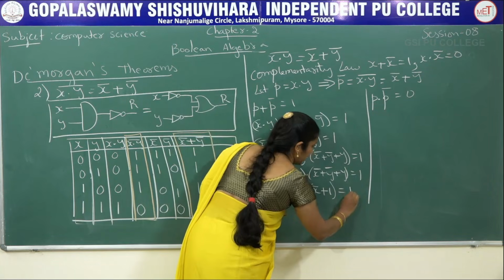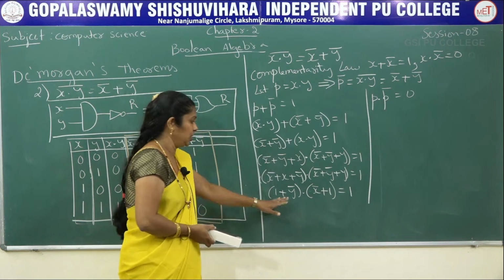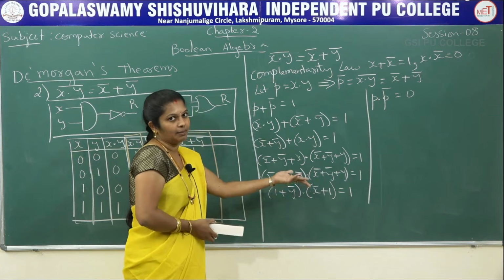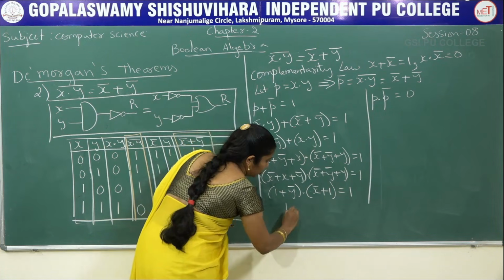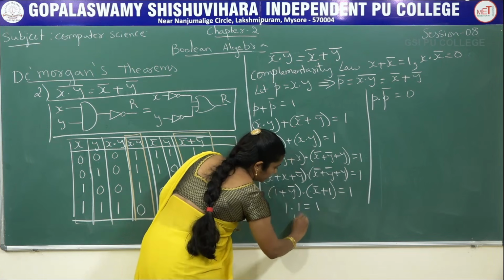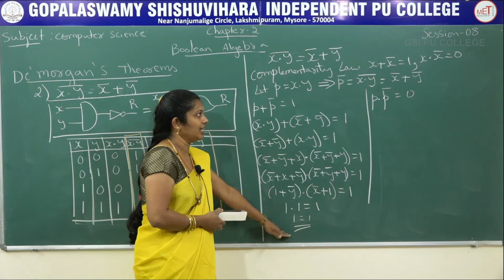That is equals to 1. Then 1 plus y bar is nothing but 1, because by using law of addition 1 plus x is nothing but x. In the same way there 1 plus y bar is nothing but 1 into 1, that is equals to 1. From this I can say that right hand side value equals to left hand side value.